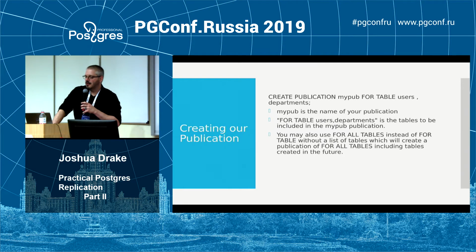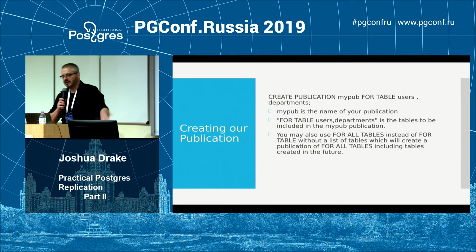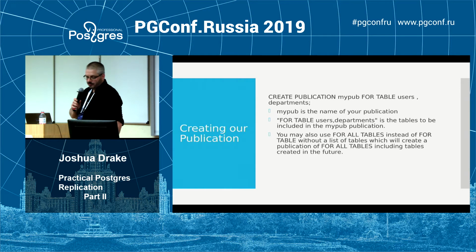In this syntax, my_pub is the name of my publication. FOR TABLE users, departments are the tables to be included in the my_pub publication. You may also use FOR ALL TABLES instead of FOR TABLE with a list of tables, which will create a publication for all tables, including tables created in the future. That's actually a pretty nice feature.